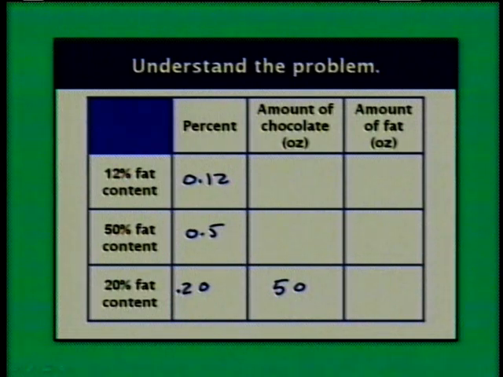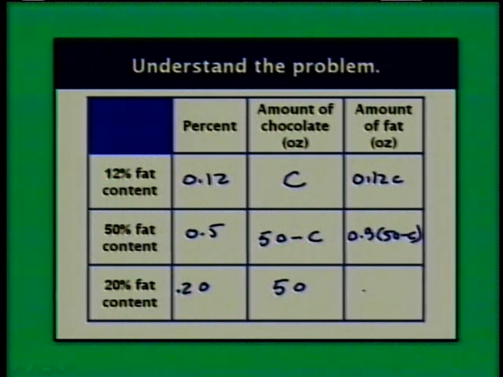What we don't know is how much 12% low-fat chocolate we should mix with high-fat chocolate. So you can see this table is exactly like the table we created for Marcus. If we look at the amount of pure fat in all of the three cases, and we add up the pure fat in the low-fat and high-fat chocolate, that will be the amount of pure fat we're going to end up in the 50 ounces of the 20% fat chocolate.